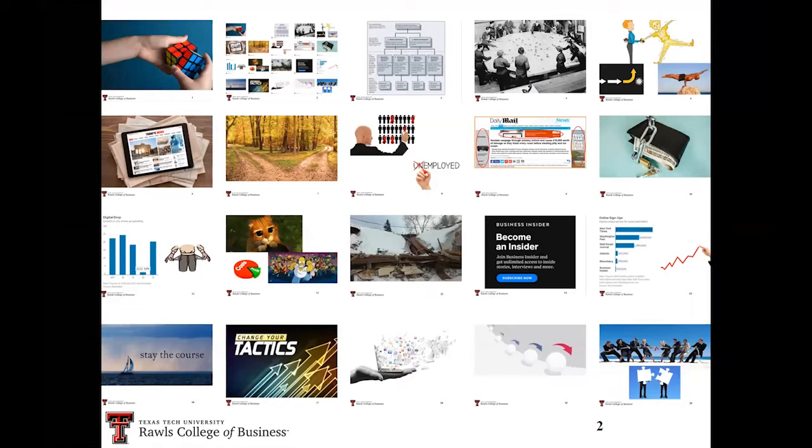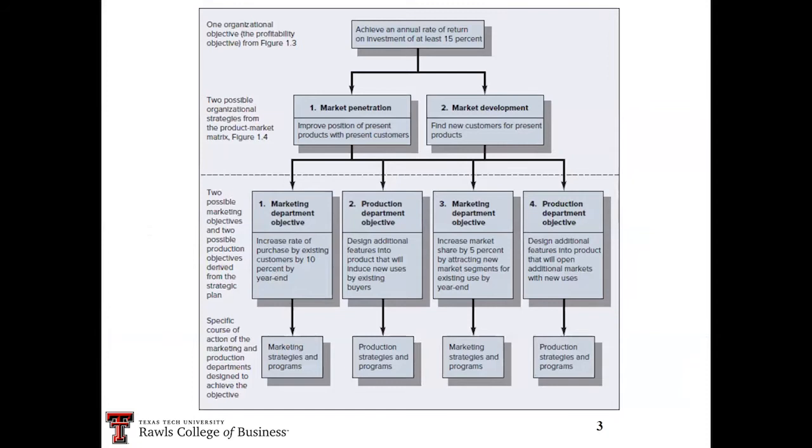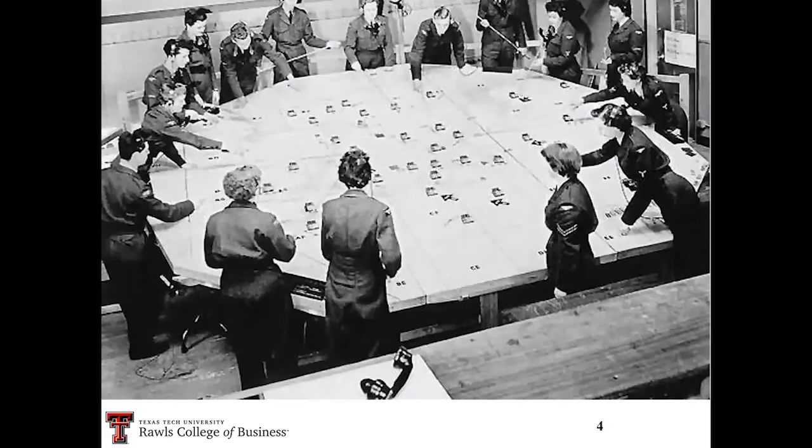Each of these slides is only a picture, and these pictures are supposed to represent the topic at hand. So the main area that we've focused on so far in this course has been chapter one in the marketing strategy side, and that goes from us having organizational objectives, organizational strategies, marketing objectives, and then we develop our marketing strategies accordingly.